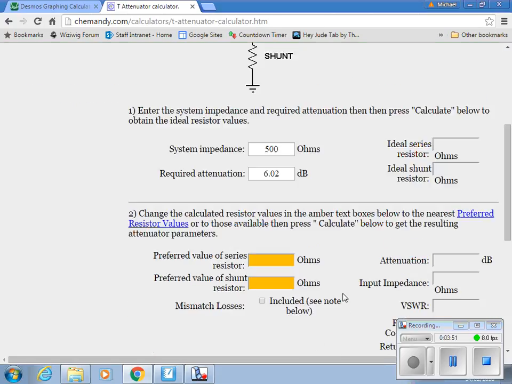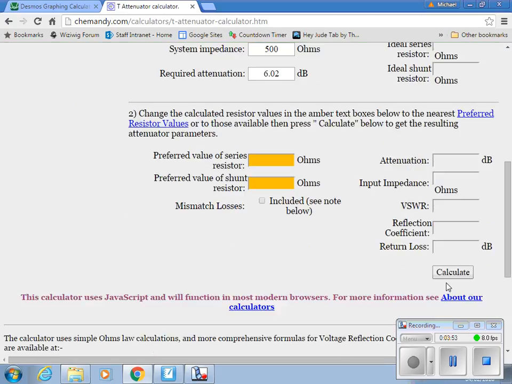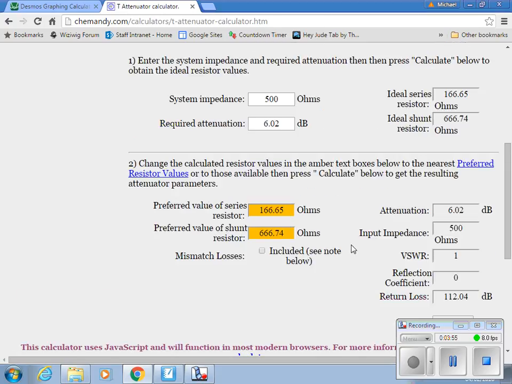If we then click on calculate, it tells us what the ideal values of the series resistors and the shunt resistor are: 166.65 and 666.7 ohms.